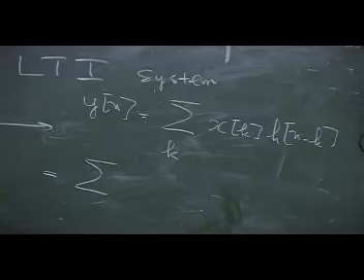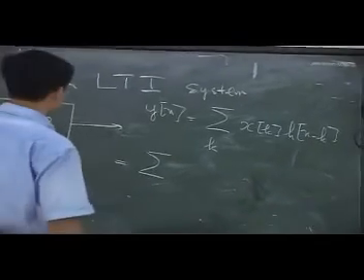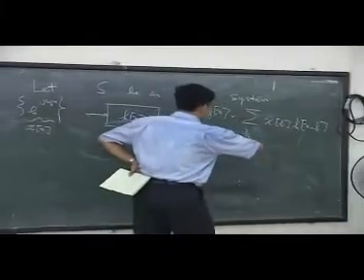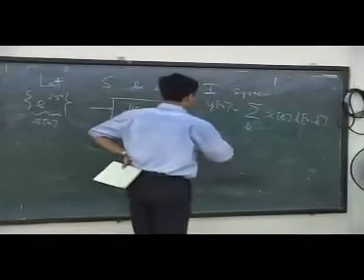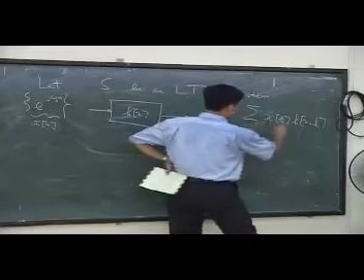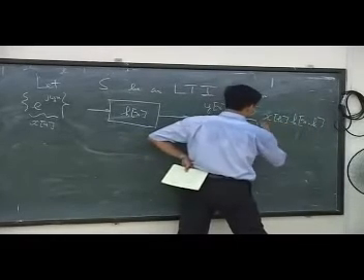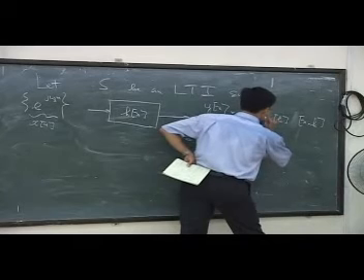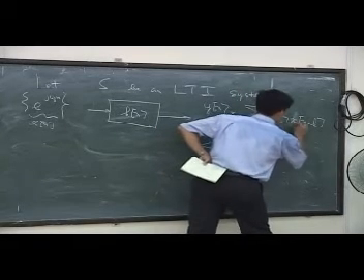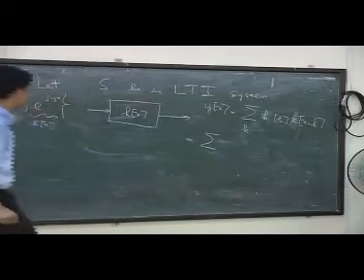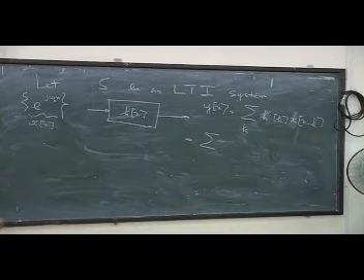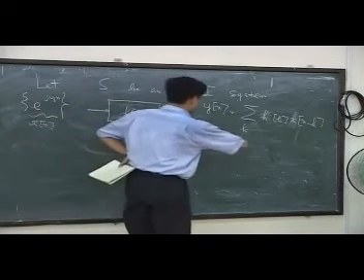What is the easier way to show this? For the convolution, it's easy to show that I can swap these two things, right? If I change that, the convolution I can write is h[k] x[n minus k]. Very easy.